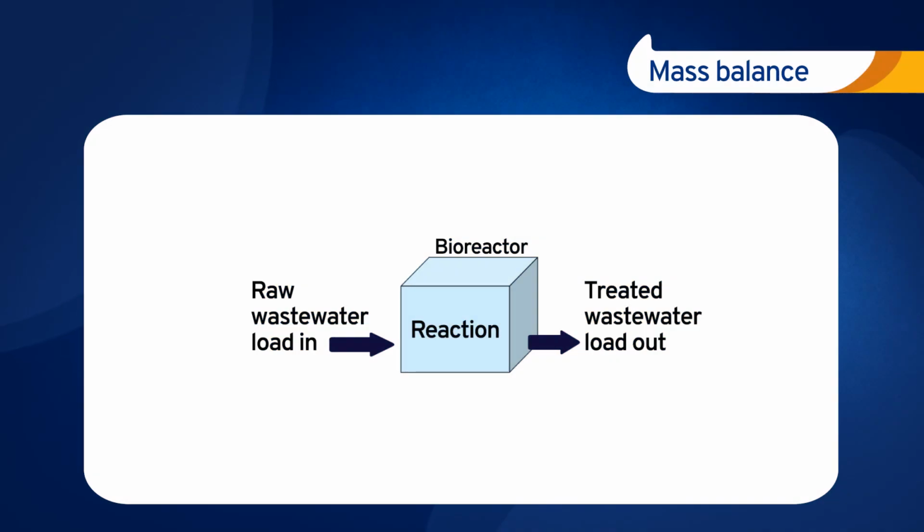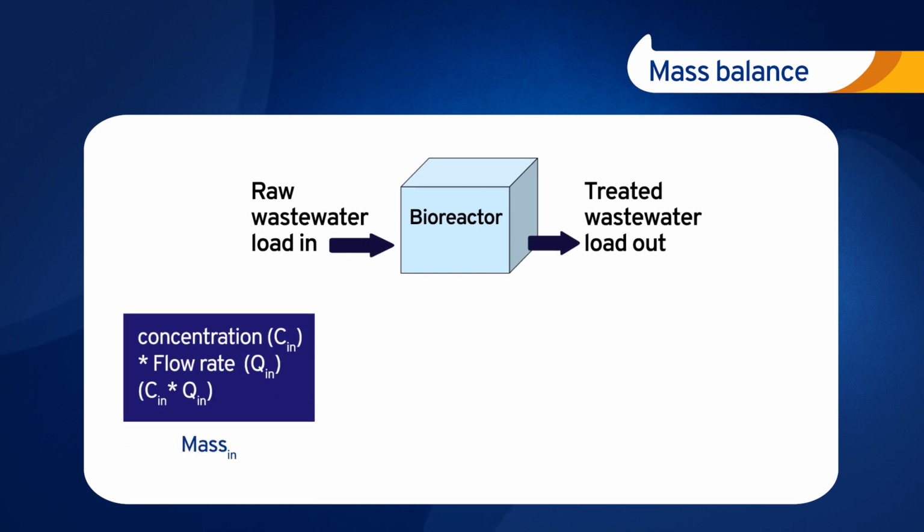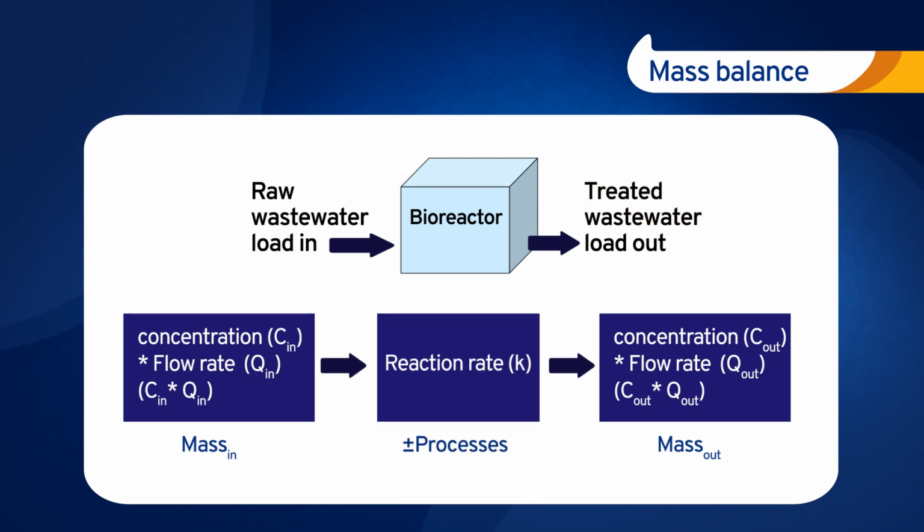As this example shows, to calculate the mass balance, we consider the following components: the mass of the organic matter that enters the bioreactor at a certain time, which is represented by the raw wastewater concentration multiplied by the flow rate Q, which represents the volume per unit of time, the mass of organic matter that leaves the reactor, which is represented by the treated wastewater, and an accounting of the changes in the degradation or formation of organic matter in the bioreactor.